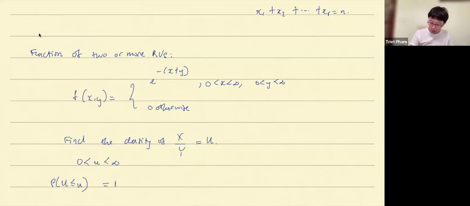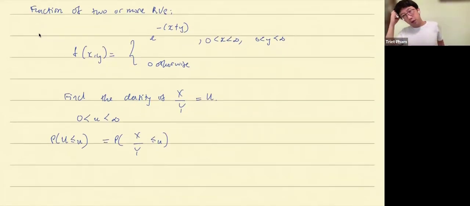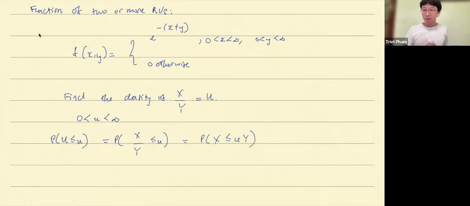And then this will be the probability of x over y less than or equal to u. Notice it's very much the same thematic move that we did before: start with the CDF, replace with the definition, and then just do whatever manipulation you need to do. Here, notice that y is positive, so we can move y to the other side without changing the direction of the inequality.